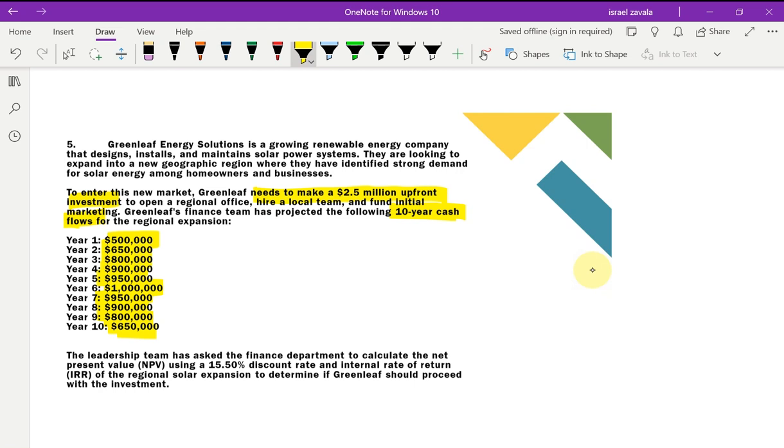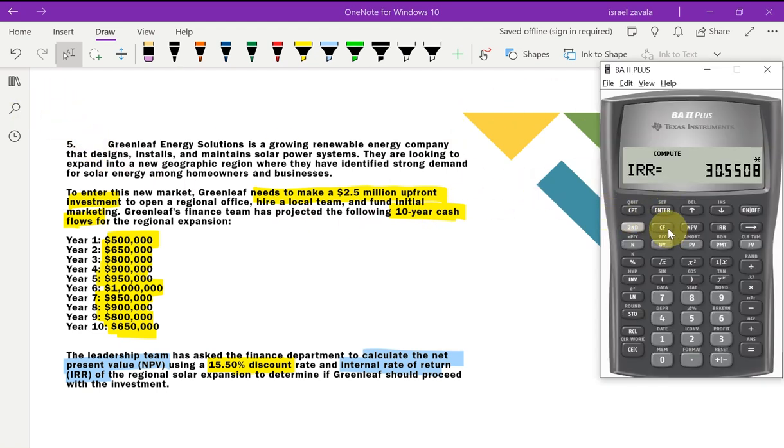Now, they are using a 15.50 discount rate, and they want us to calculate the net present value and the internal rate of return. Okay, I didn't build the chart here. We're just going to go straight to our financial calculator, go to our cash flow key, and then we're going to remove that.